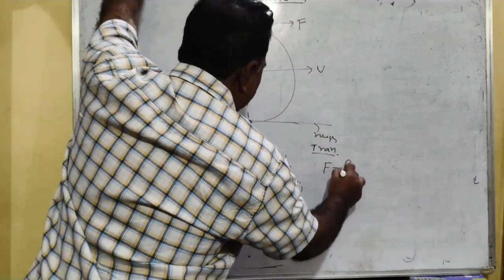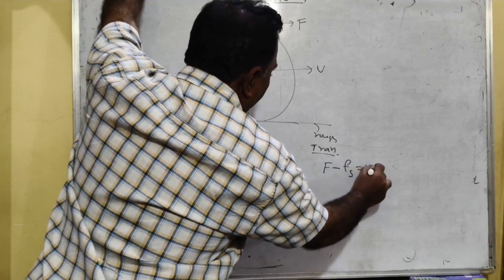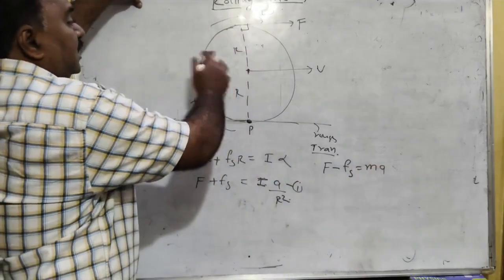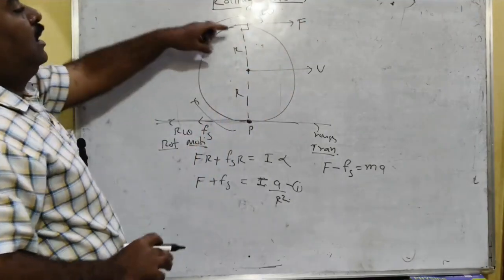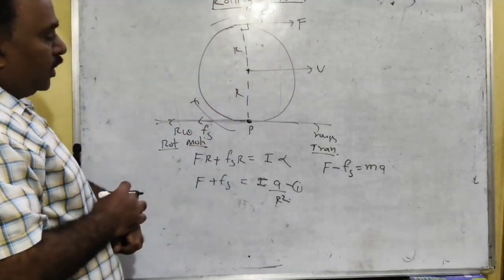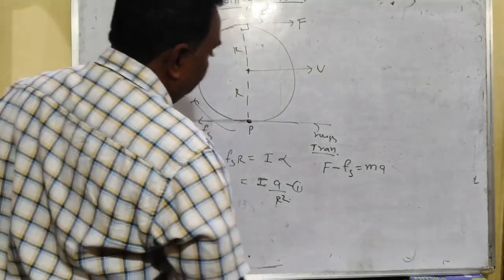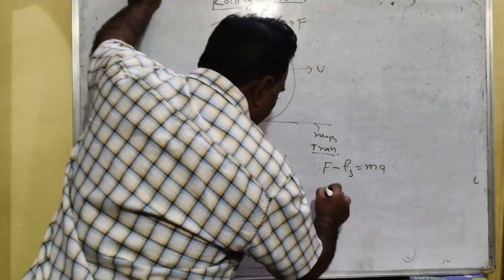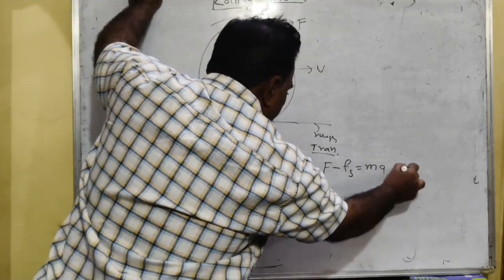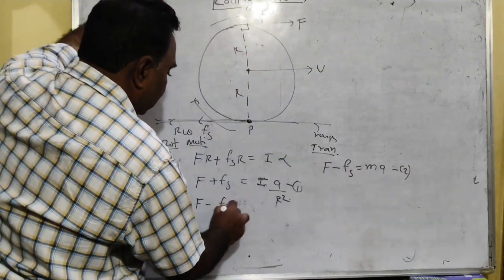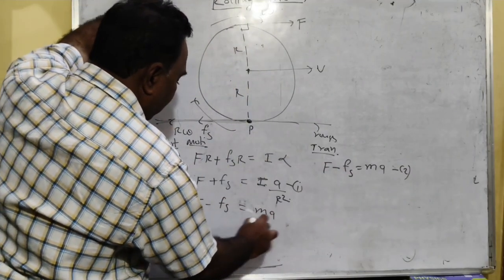F minus Fs, which is equal to mass times acceleration. Why? Because here we consider that this body will be slipping forward as the force is acting forward, and the frictional force acts backward. The net force is F minus Fs, obviously. Therefore, this is equation 2. From 1 and 2, F minus Fs is equal to Ma.